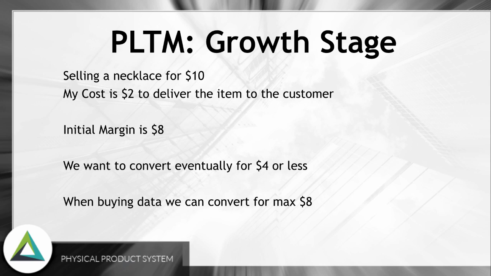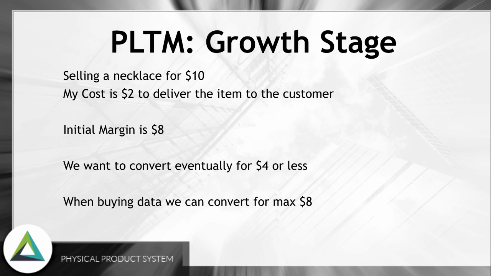The initial margin is $8 per item, right? If I had no other costs, I could make $8 per item. But we have ad costs. So when I'm done buying data, I want to convert for $4 or less when I'm running the base ads.